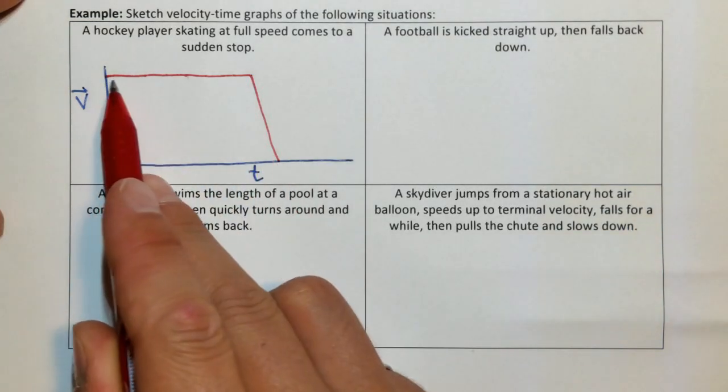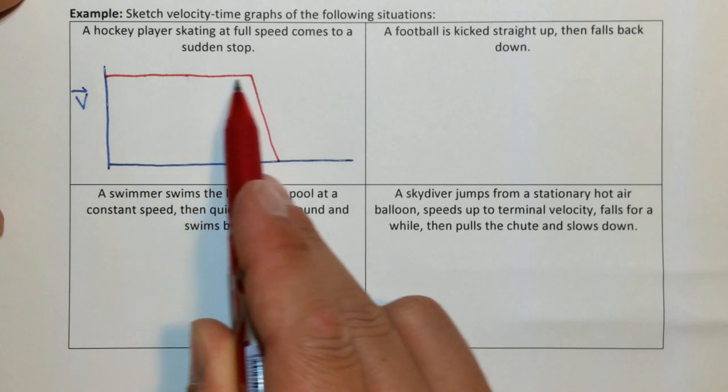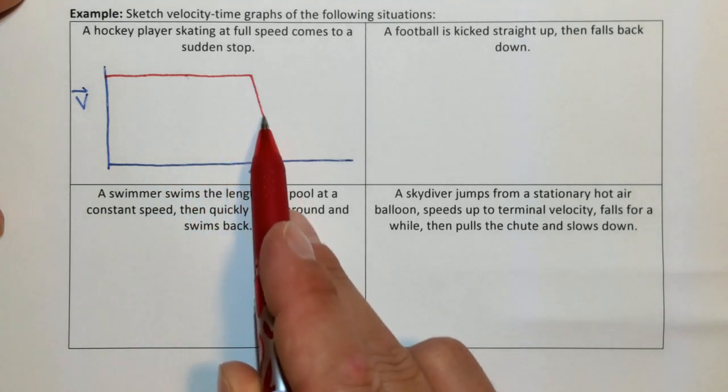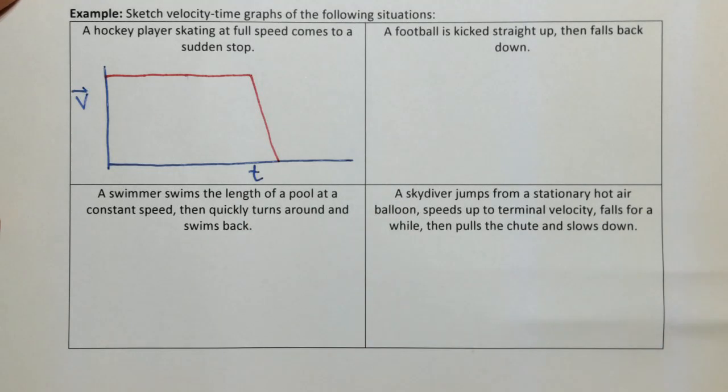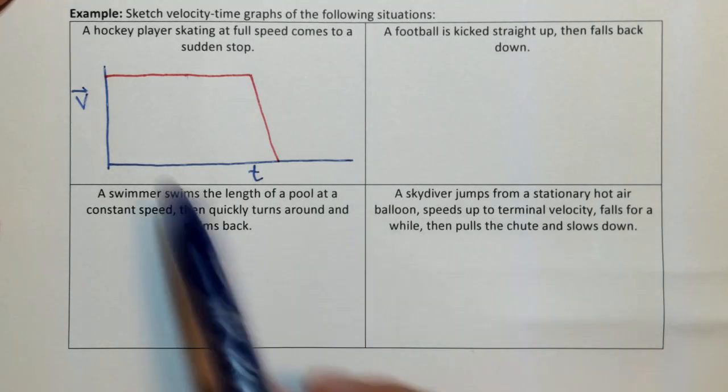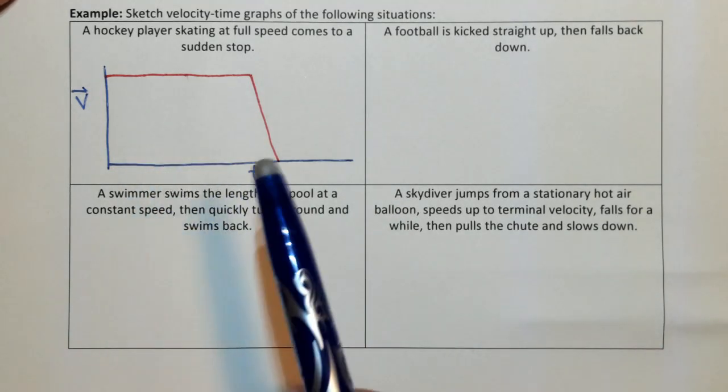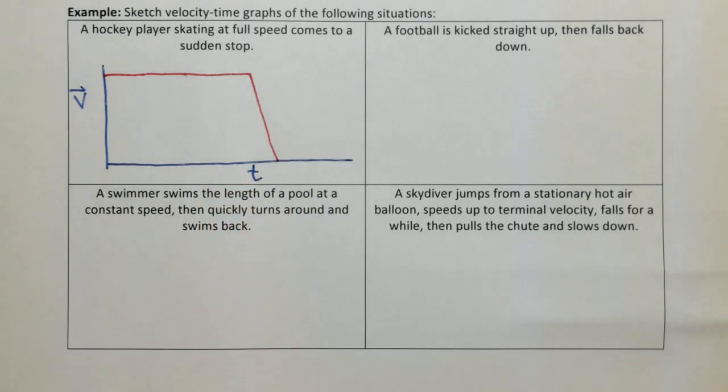This is him skating at full speed for a period of time, and then this is him coming to a sudden stop, bringing his velocity down to 0. Doesn't look like a picture of a hockey player skating. That's fine, it's not supposed to.